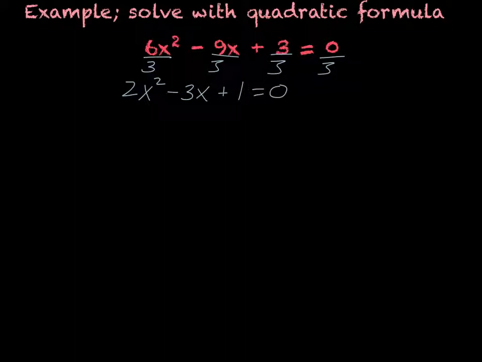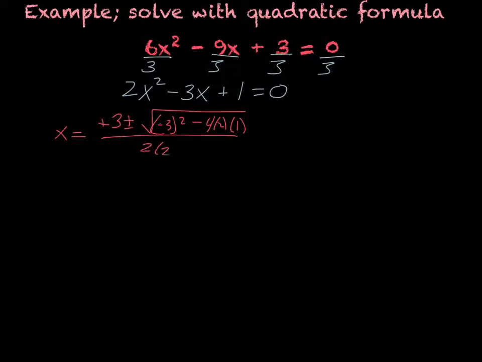Now this step isn't necessary, but it's kind of helpful because then you're using smaller numbers and it's a little bit easier to do. So now I put it into my quadratic formula. x equals negative b, so negative negative 3, plus or minus the square root of negative 3 squared minus 4 times 2 times 1, over 2 times 2.